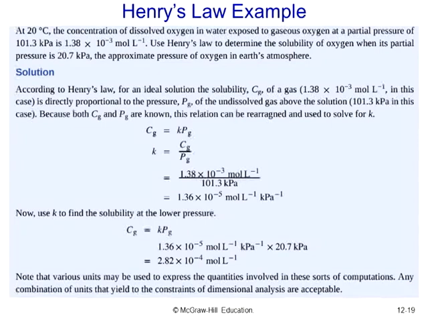Now, we know that according to Henry's law, for the ideal solution, the solubility of the gas, at these values, 1.38 times 10 to the minus 3 moles per liter, or molar, is directly proportional to the pressure of the undissolved gas above the solution.